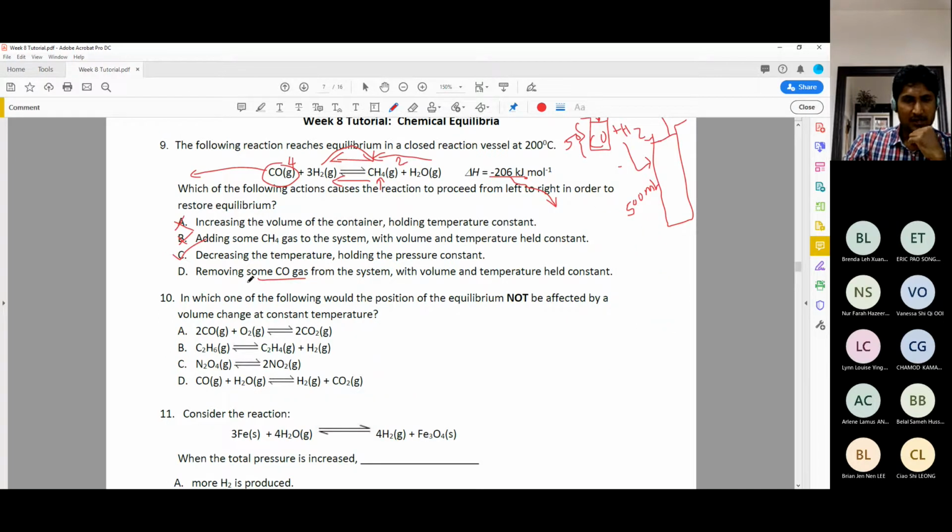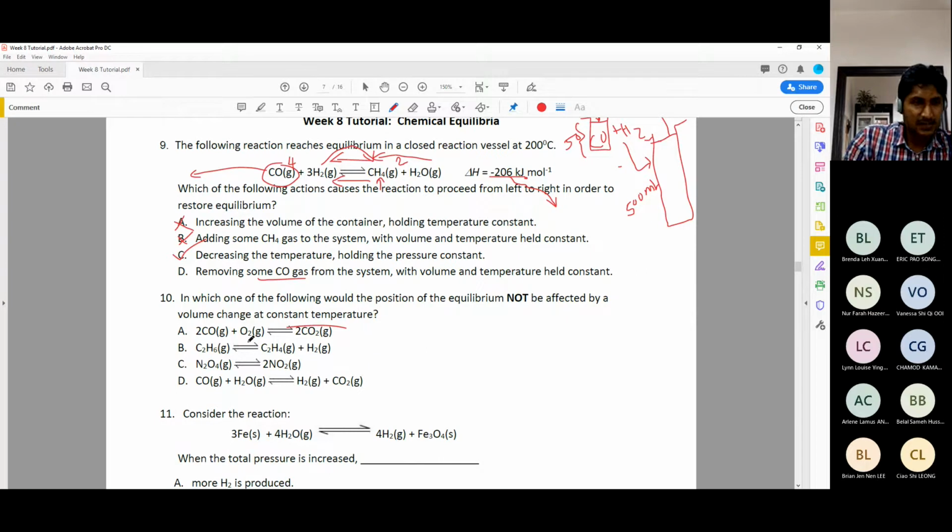All right, question number 10. In which of the following would the position of the equilibrium not be affected by a volume change at a constant temperature? We do not change the temperature, we just change the volume, but the temperature is constant.